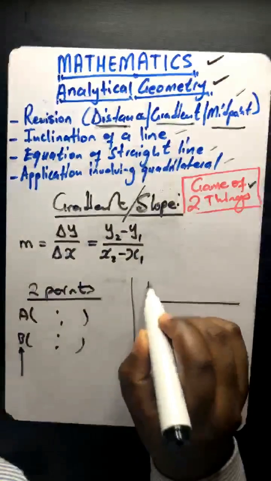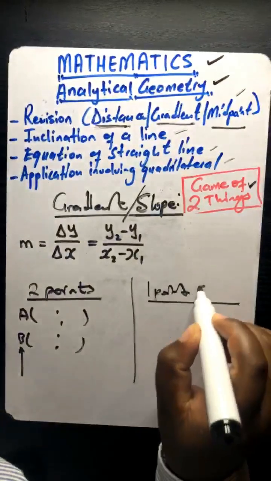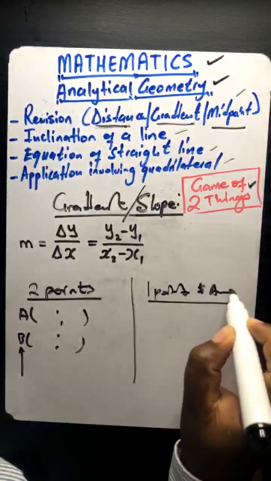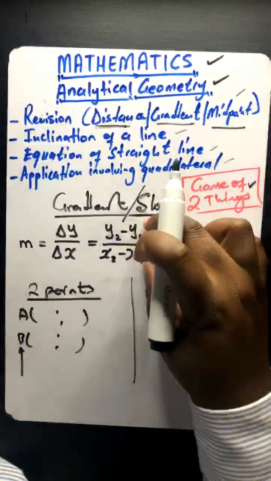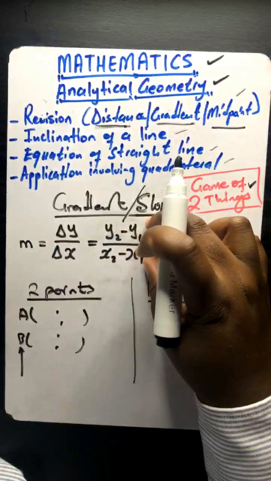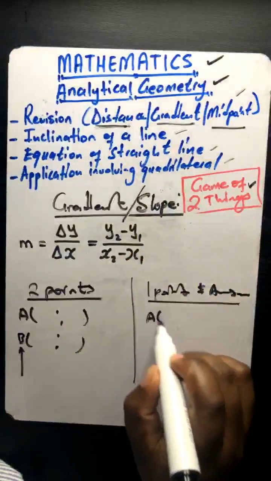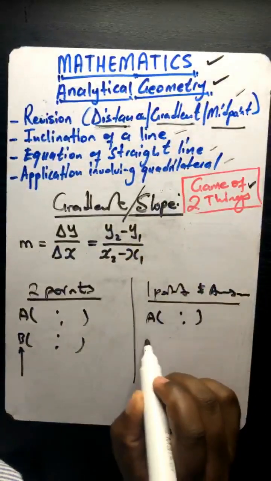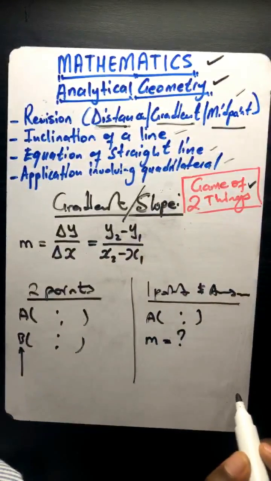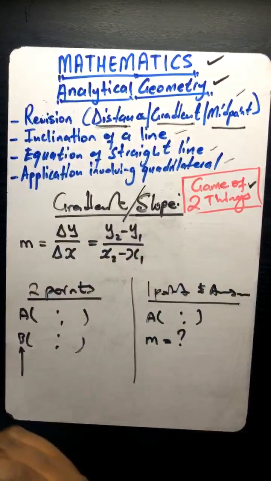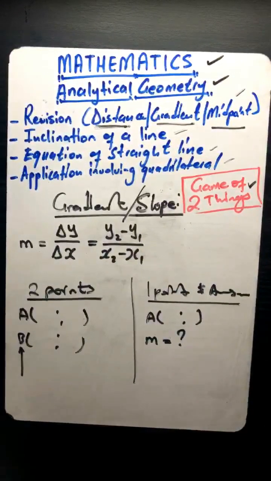Meaning you could be given 1 point and also an answer. What do I mean by an answer? If you are using this formula for calculating the gradient, that means you'll be given, let's say, 1 point, and also the second thing that you must be given is the answer being the gradient, which means that's when you'll be looking for another point. Very, very much important, ladies and gentlemen, over there.